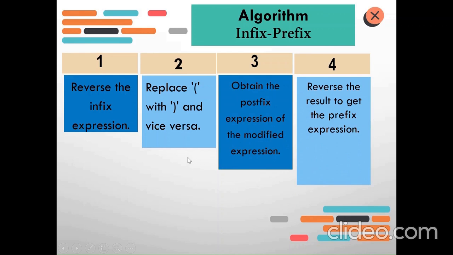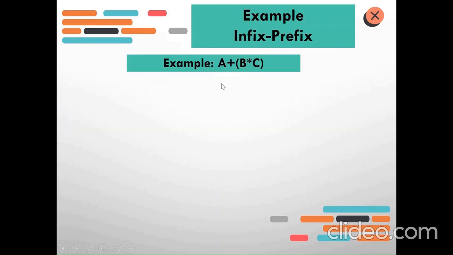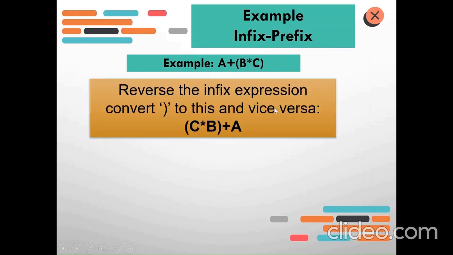So let us see an example. Suppose you have the example a plus b into c. First you need to reverse the infix expression like this. So here, this is the opening bracket, this is the C, this is the asterisk, this is the B, this is the closing bracket, then plus and then A. So we have reversed and converted opening to closing and closing to opening brackets.